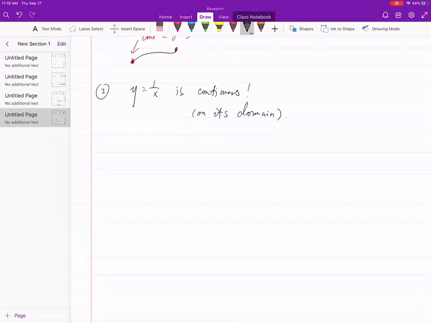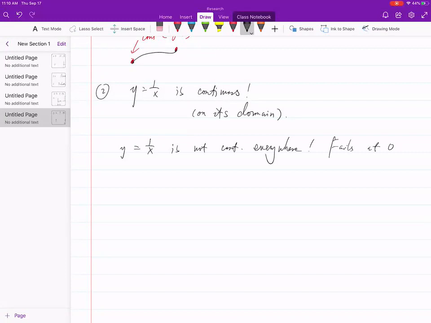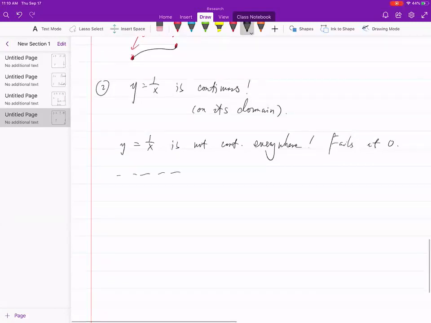Okay. Then we have the following observation. Number one, this one is not continuous everywhere. Why? Because it fails at 0. You have a vertical asymptote. But this one is continuous everywhere in its domain.